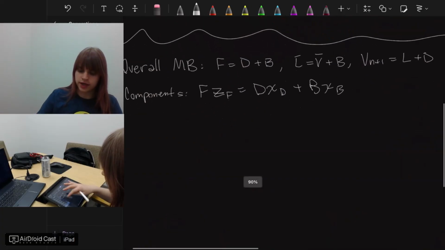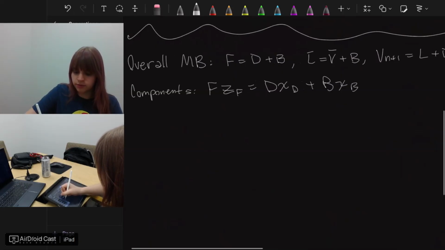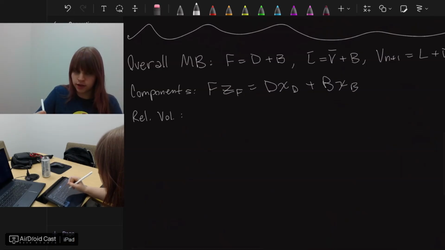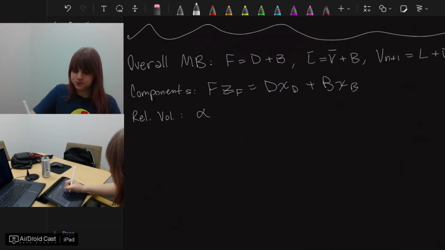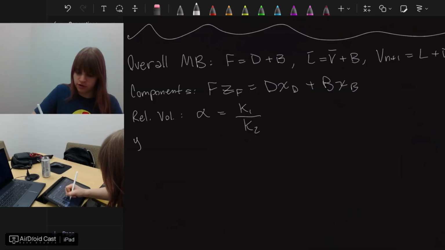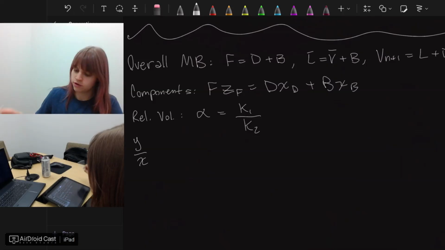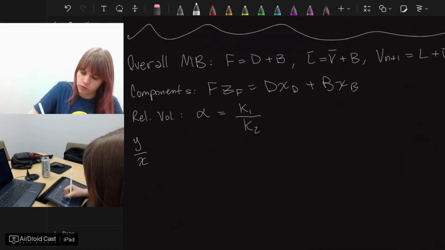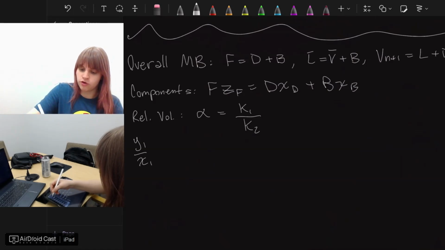And then I'm going to go ahead and talk about relative volatility a little bit more again, even though I did that in a previous video. We denote that as alpha, and it's equal to K1 over K2, and K is just the ratio of Y over X. So our K1 would be the ratio of Y1 to X1, and our K2 would be the ratio of Y2 to X2.